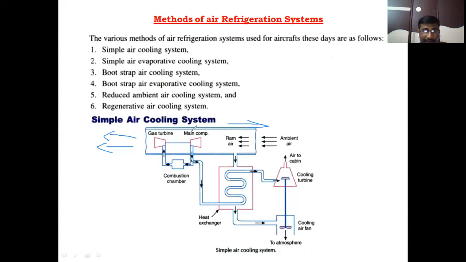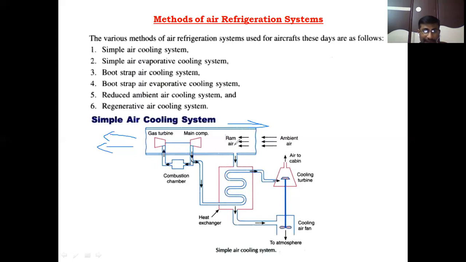The pressure before the cooling turbine is the same as that of the main compressor. The high pressure, low temperature air enters the cooling turbine. In the cooling turbine, the expansion process takes place. During this expansion, the pressure and temperature of the air are reduced, and finally the reduced temperature air is sent to the cabin.